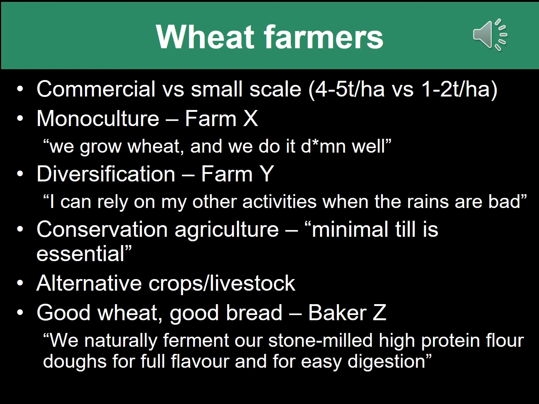And the options that they're looking at is alternative crops, looking at crops that might require less water or that won't have such a devastating financial impact if the rainfall is very low. And then we do see the integration of livestock as being very, very important into the system. And then there are some people who are saying, I'm going to make a real boutique kind of wheat. I'm going to cater for people who are prepared to pay more. And that is also one option that we have been seeing.